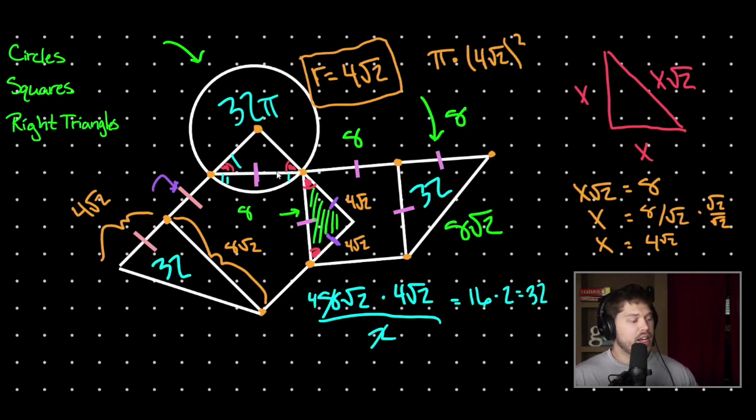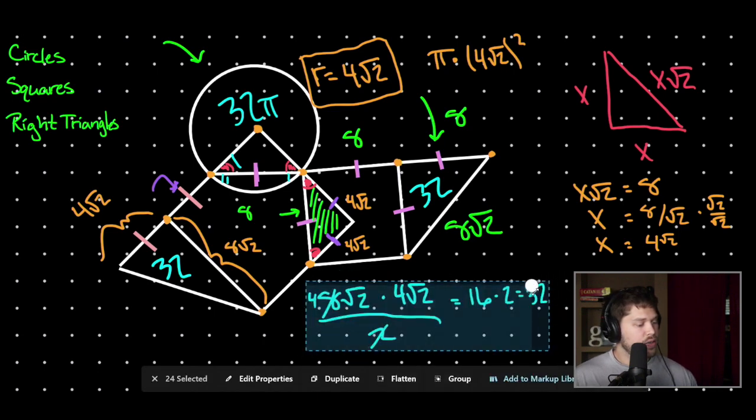Therefore, the area of all of my shaded regions added together is going to be what? Well, notice that they all have a factor of 32. Here, let me move this over, or I'll shrink it up a bit.